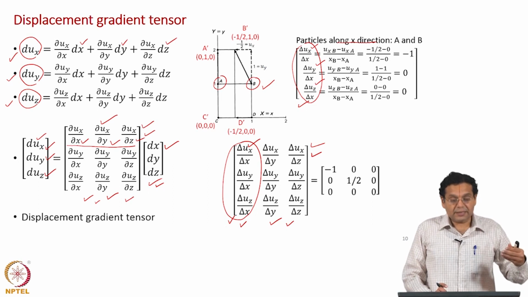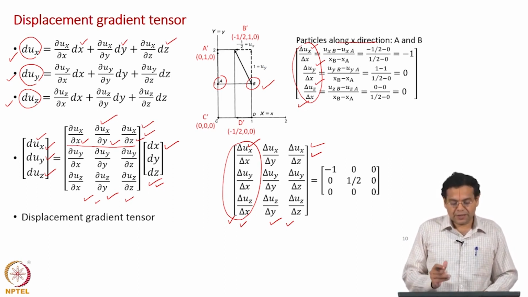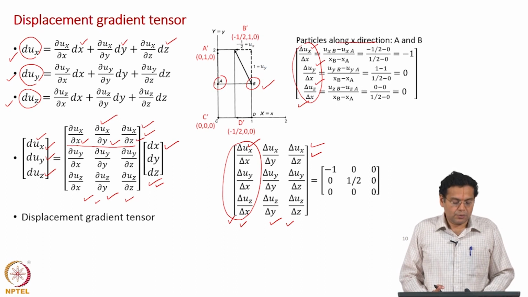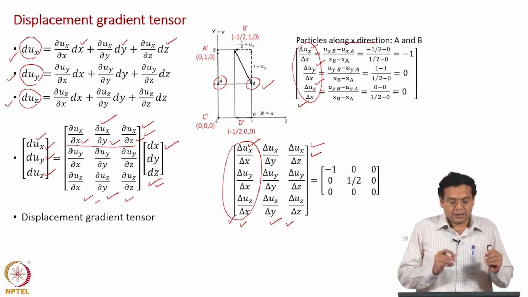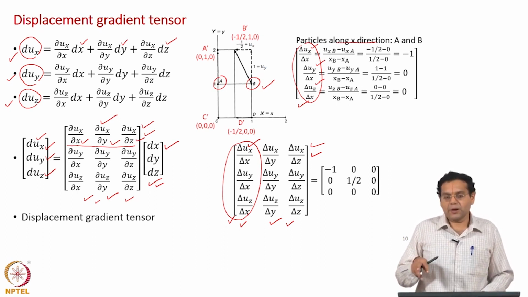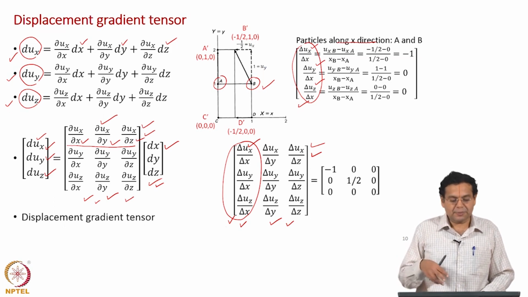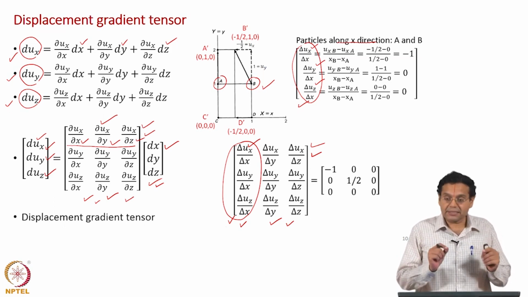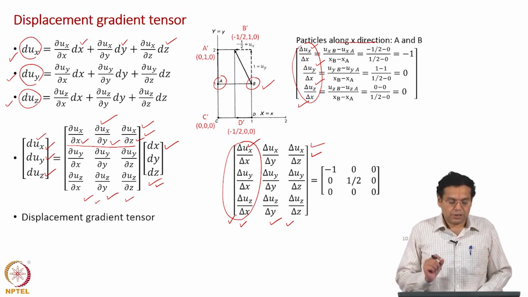So, we have related the differential in displacements to the differential in the directions x, y, z in terms of a displacement gradient tensor. Now, we did this more mathematically. We took 2 points, looked at the difference in displacement, etc. We are now going to arrive at the same expression more geometrically, and that is what we are going to do now. Okay.